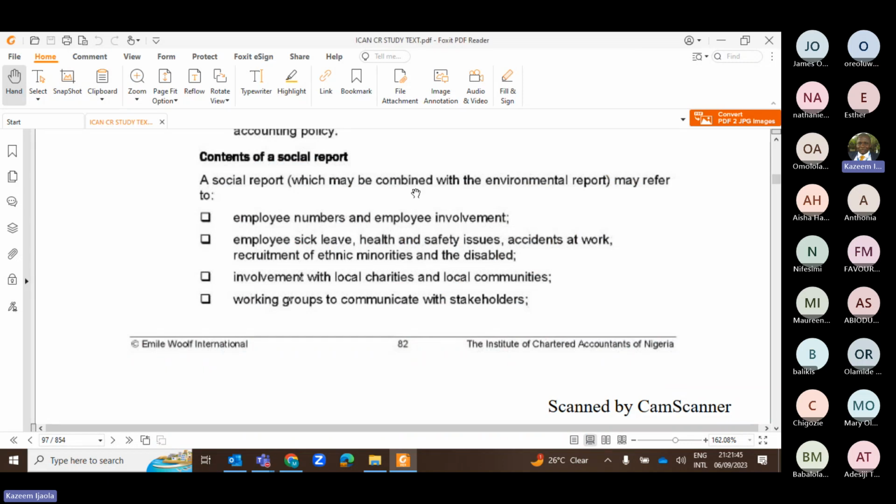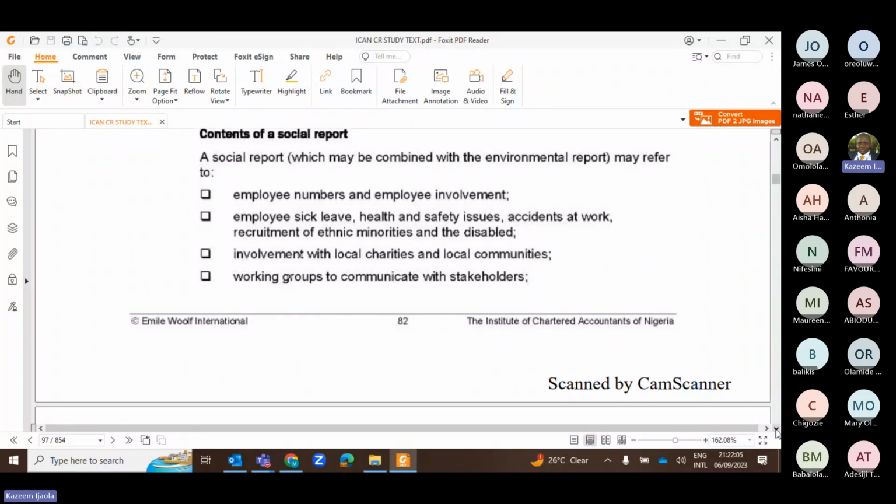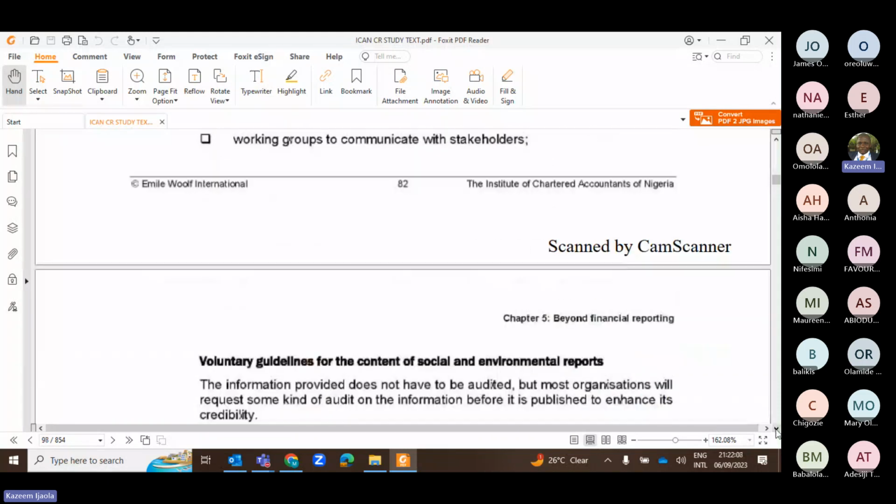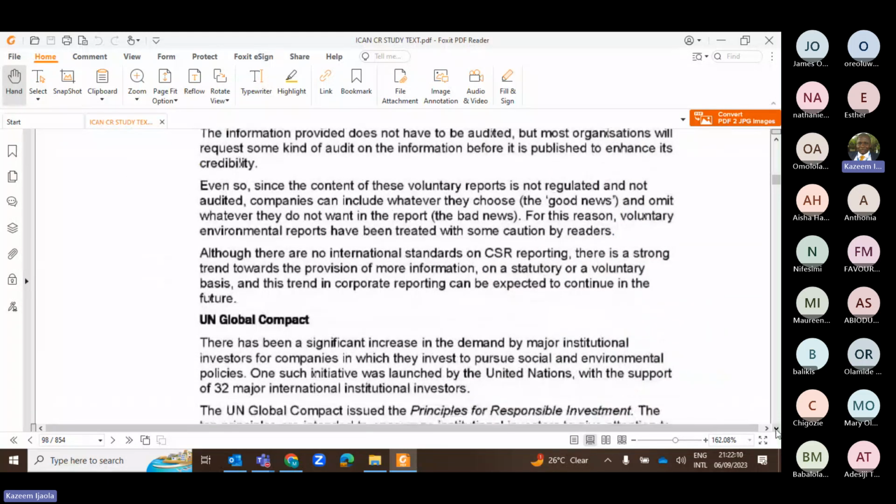For example, the content of your social reports includes the number of employees you have and their involvement, employee sick leave, health and safety, and accidents at work. So the policy you have must cover all this. Also, involvement with local charities and the community, and working groups to communicate with stakeholders. So these are the various things that are expected in your social reports.